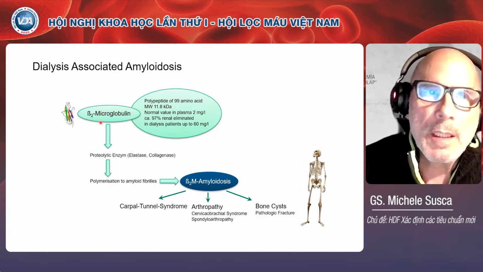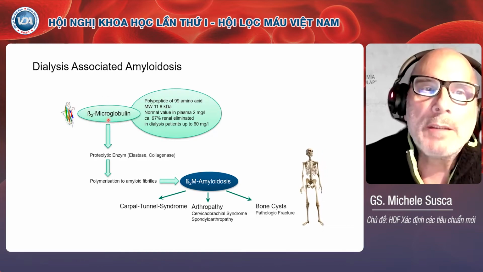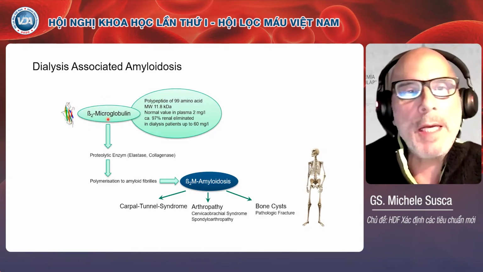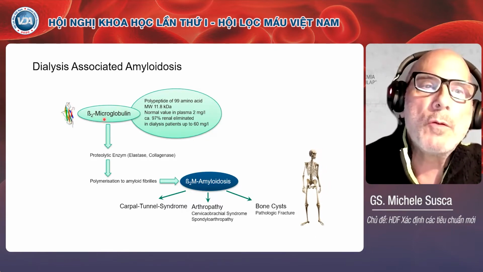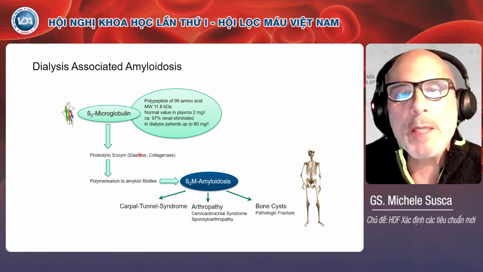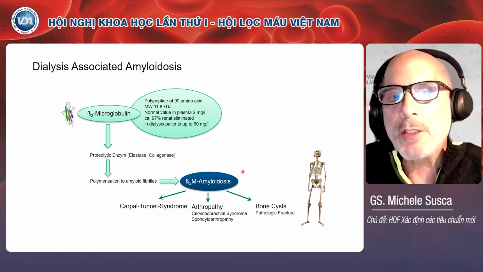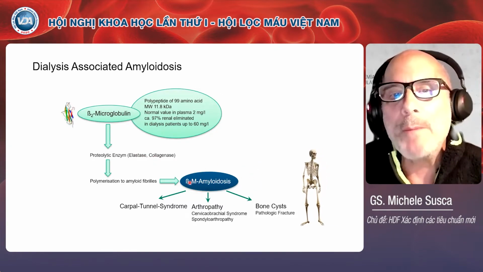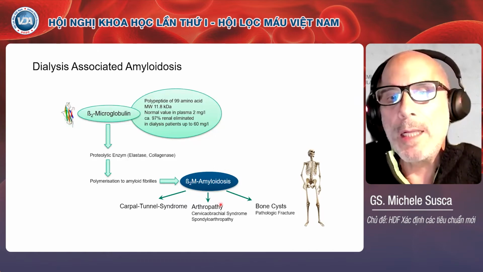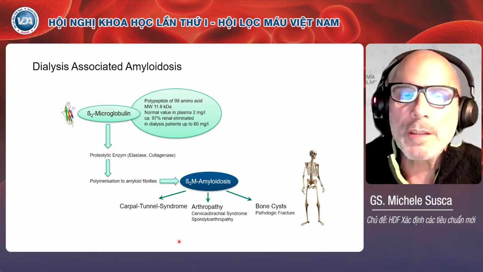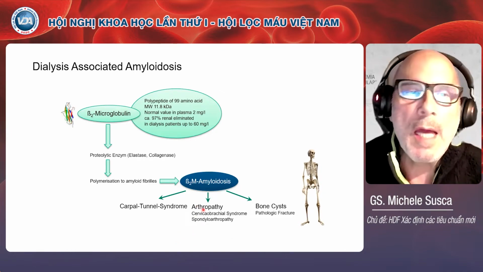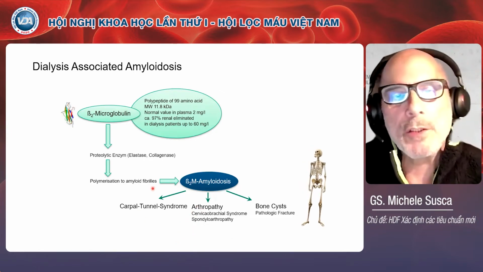These patients will accumulate beta-2 microglobulin in the body over many years, for example after 5 years, especially in the bones. It comes to an amyloidosis. The patients get problems with pathologic fractures, arthropathy, and especially carpal tunnel syndrome.